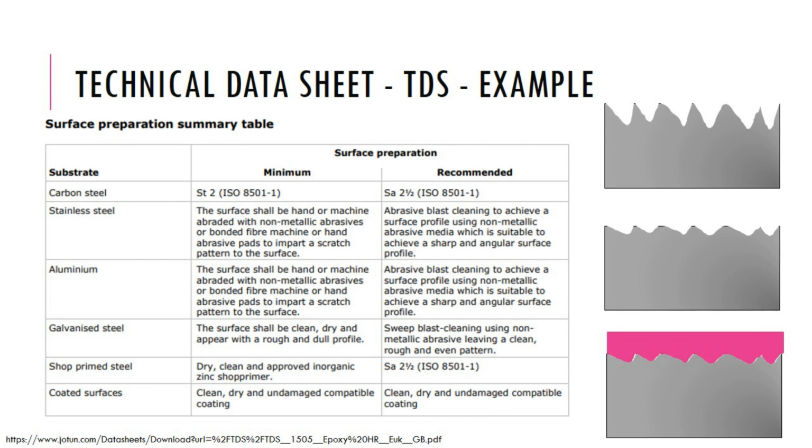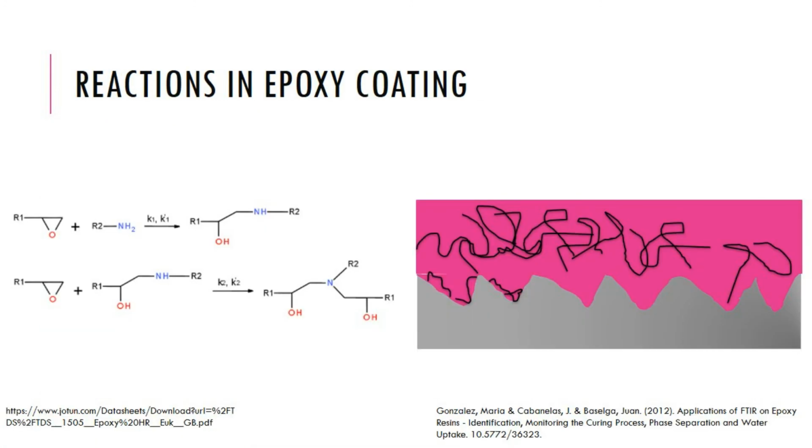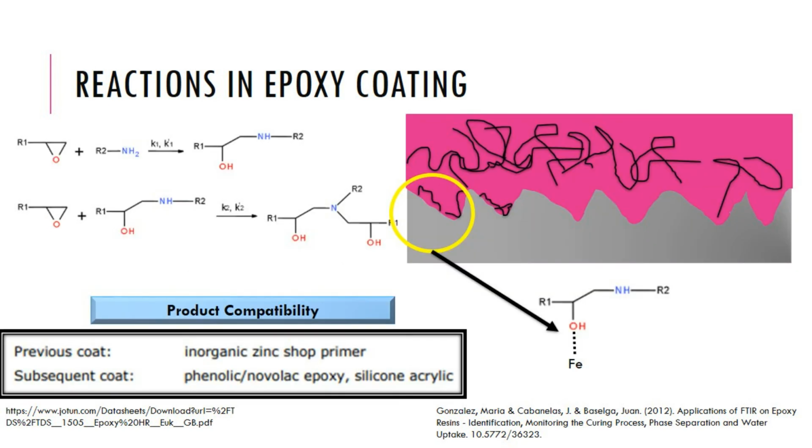Now, in epoxy coatings, we know that there is a reaction between the resin and the hardener to get a resultant coated substrate. In a coated substrate, you have polymer chains all over the substrate made up of multiple numbers of this molecule. When you consider the part of the coating near the substrate, there is attachment of that molecule to the substrate with the help of mechanical locking.